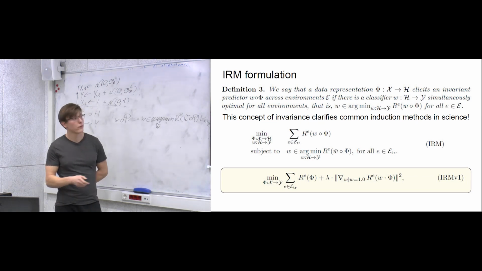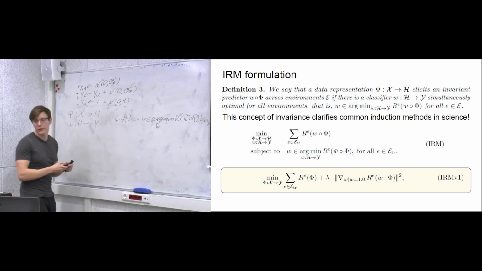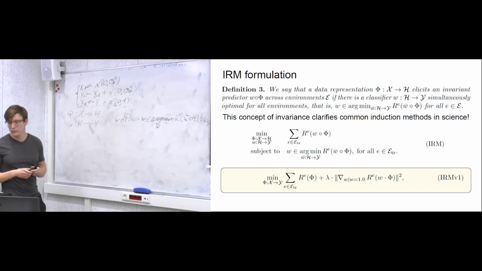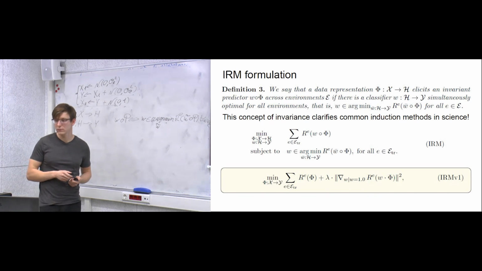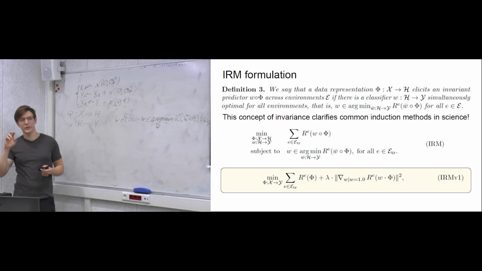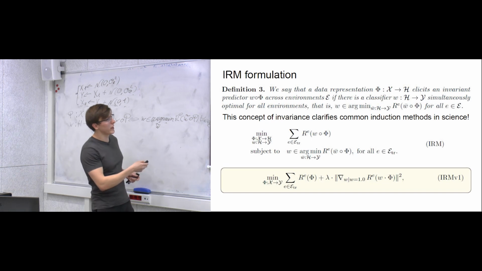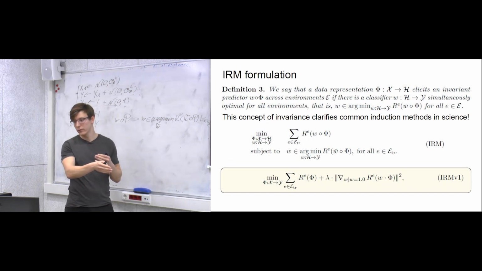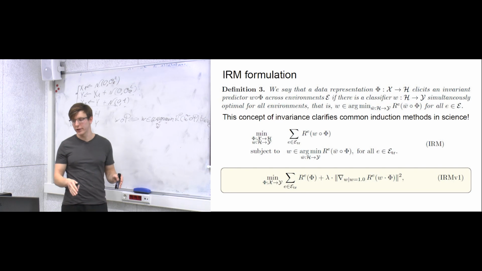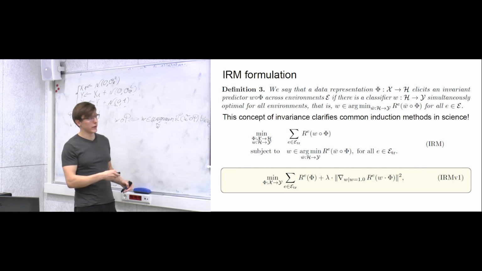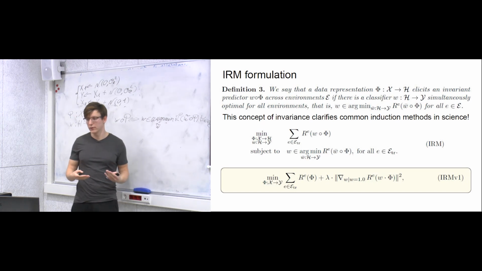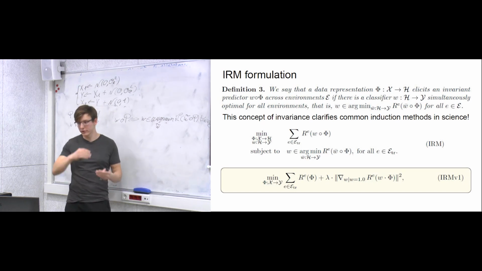If your feature extractor is just zero, so you map your inputs to zero and destroy all the information of your inputs, then a simple constant classifier would be invariant. You just take the mean of outputs.